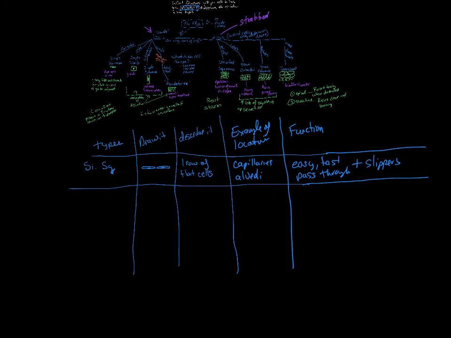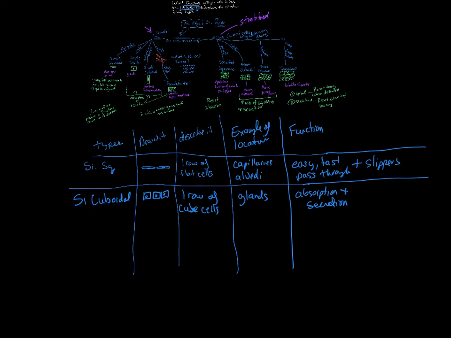And then I'm going to do simple cuboidal. And I'm going to draw it. And then I'm going to say one row of cube-shaped cells. Example of locations, glands, function, absorption, and secretion.